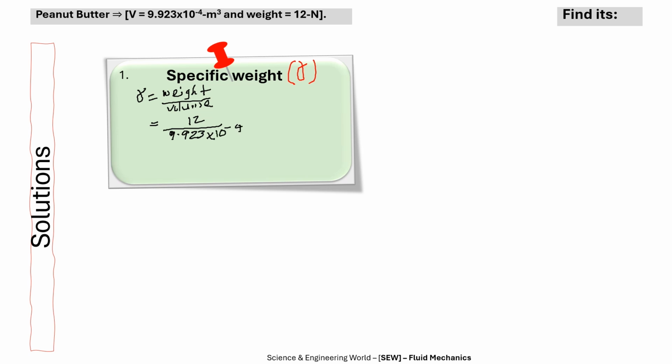And by the time we put all of this into our calculator, we have gamma equal to 12,093.12, and the unit of this is Newton per meter cube.